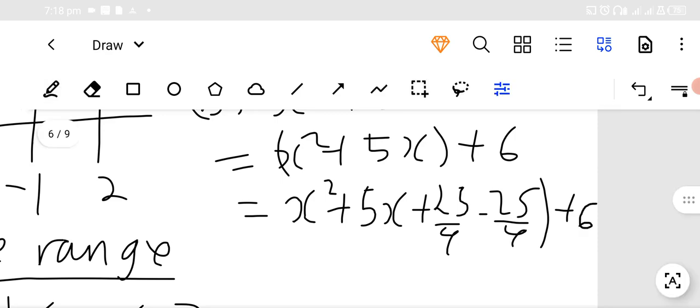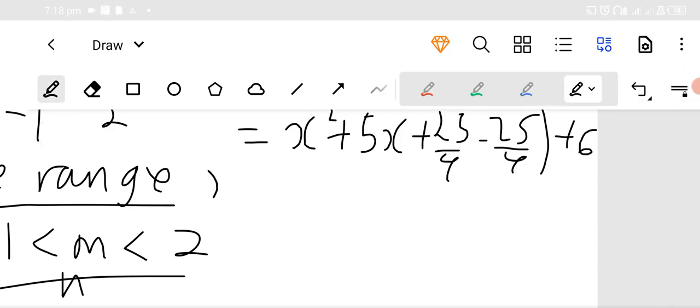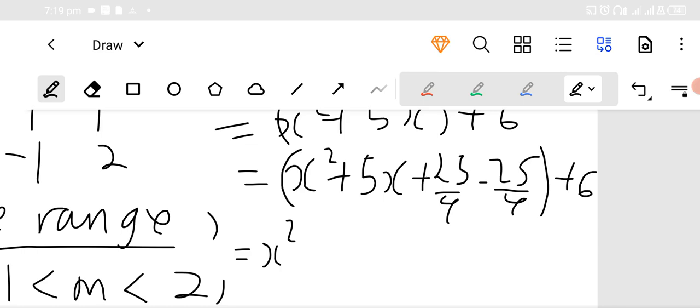Let's put the question there. Then we're going to say is equal to x squared, and of course all of this expression is in brackets, so we're going to make x squared plus 5x plus 25 over 4, then what is 6 times 4?